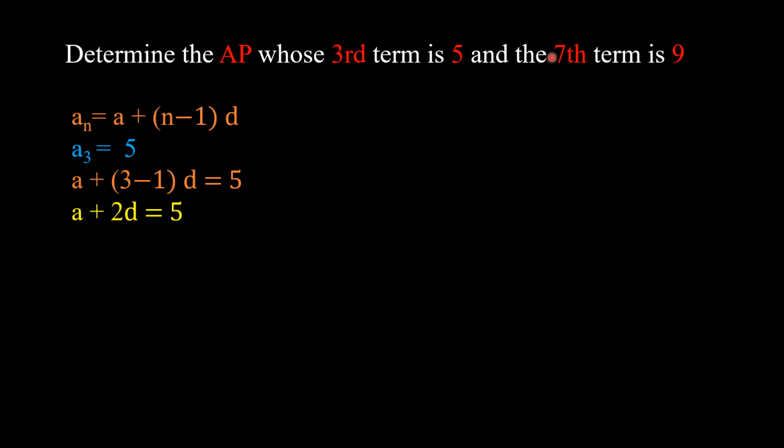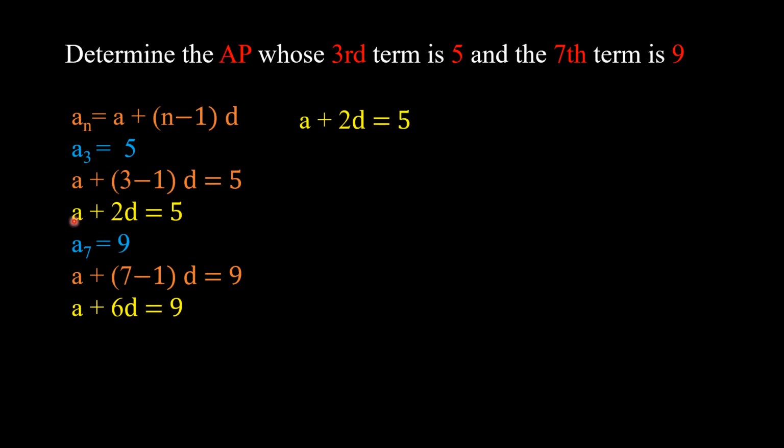Now the seventh term is given to be 9. So we write A7 equals 9. In place of A7, we will write A plus 7 minus 1 into D equals 9, which will be A plus 6D equals 9.